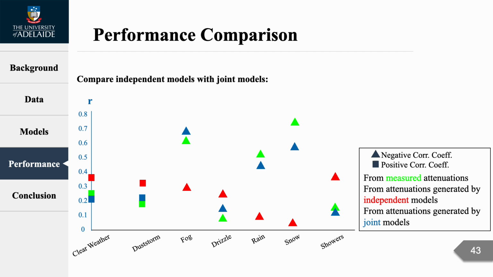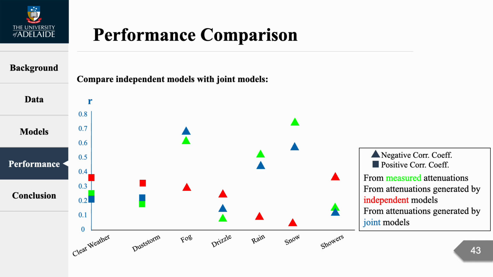Now let's compare independent models and joint models. In this chart, triangles represent negative correlation values, while squares represent positive ones. The green symbols show the actual measured correlation between RF and FSO under different weather conditions.